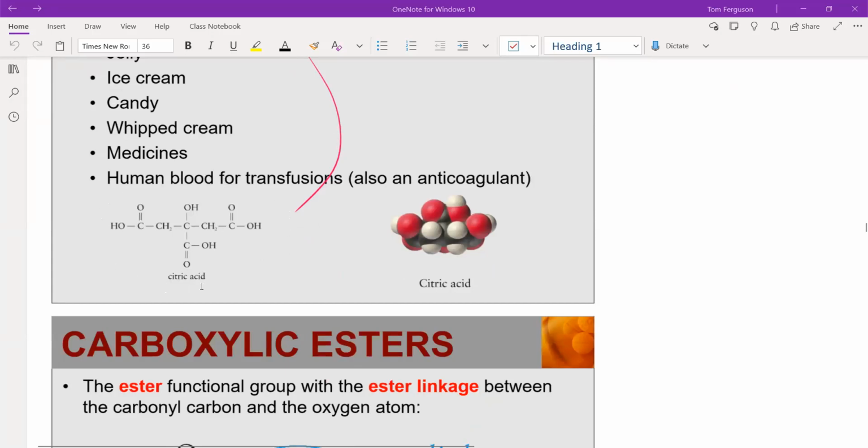That is an interesting acid. It's a triprotic acid, meaning it's got 3 hydrogens that can come off. It's also an alcohol. So it undergoes lots of different kinds of reactions because it's got a plethora of functional groups that can interact with other things.